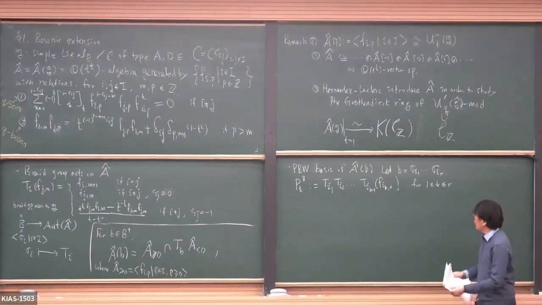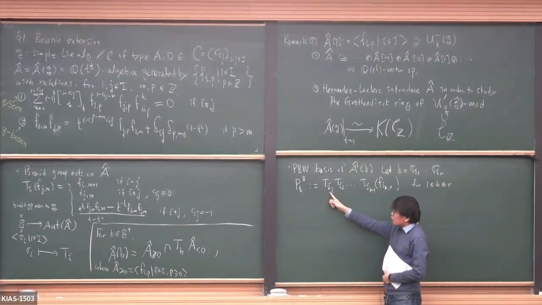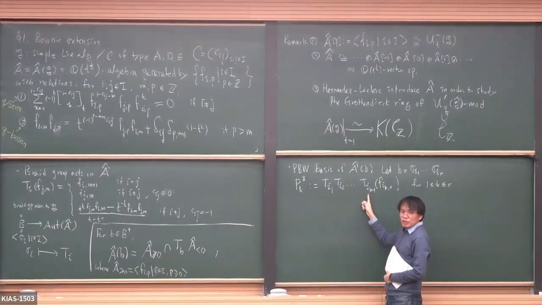So for each k from 1 to r, we apply the braid symmetry several times.